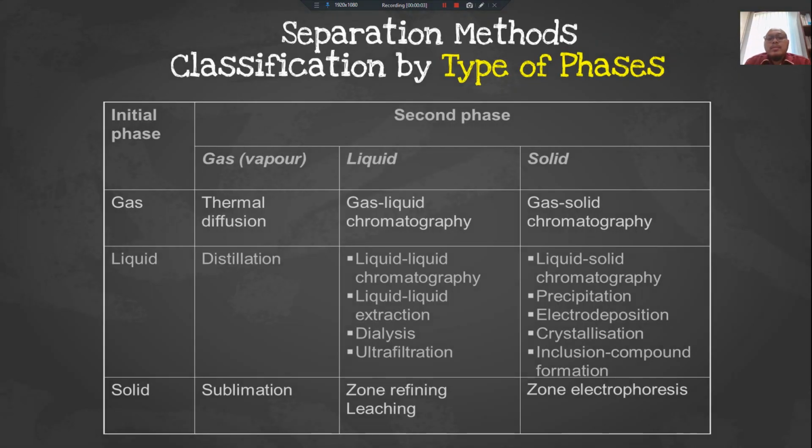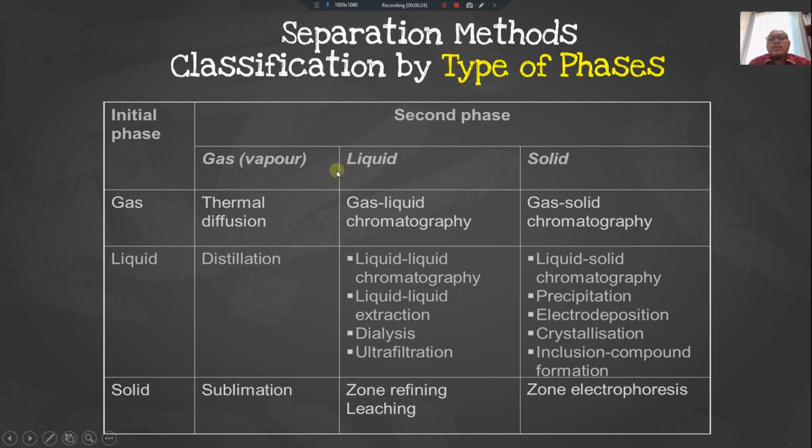Alright, let's look at the last classification method, which is by the type of phases. In the separation method, we can have two different phases. Usually for separation, we employ two different phases: we have the initial phase and then the second phase.